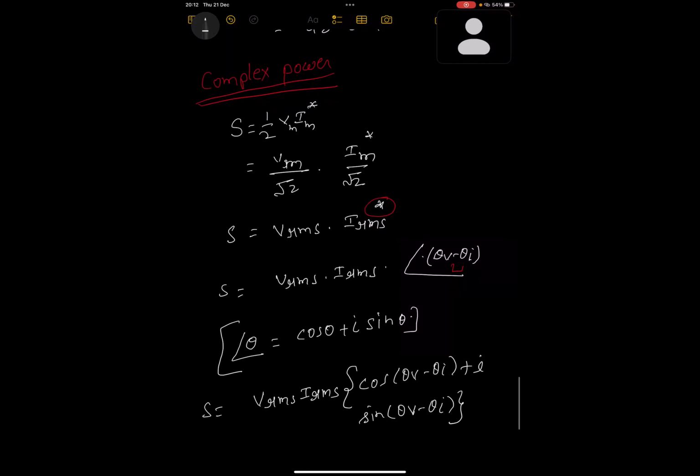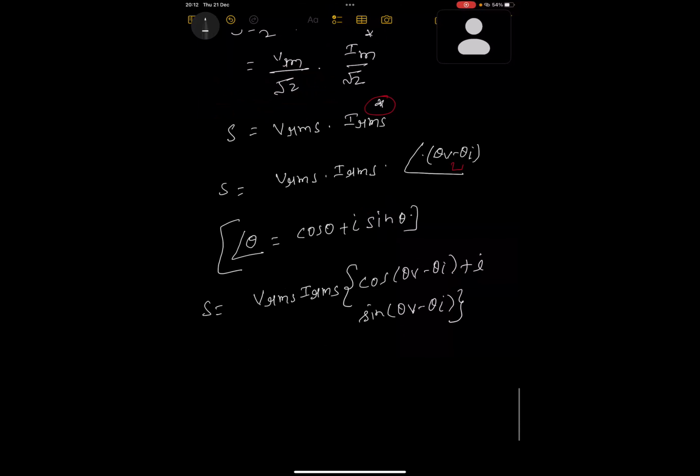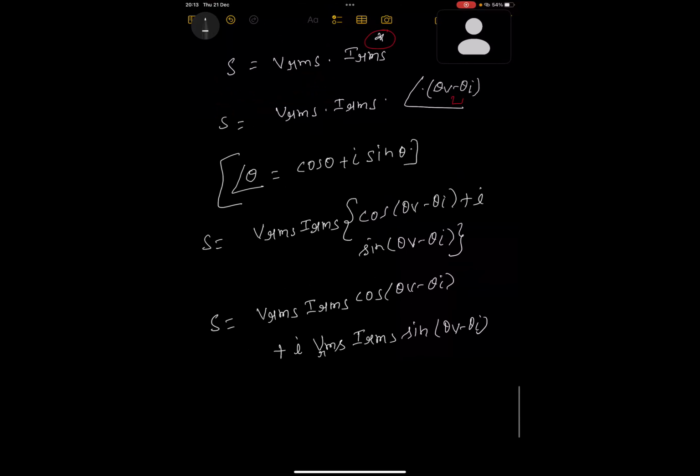Okay. So S can be represented by VRMS IRMS cos(theta V minus theta I) plus iota VRMS IRMS sin(theta V minus theta I). Okay.